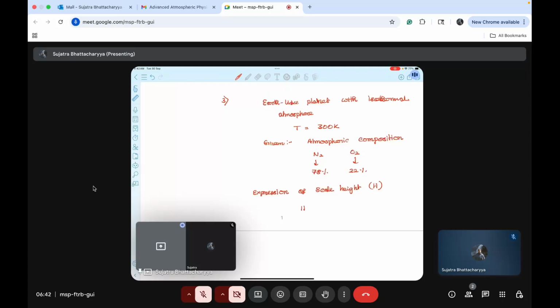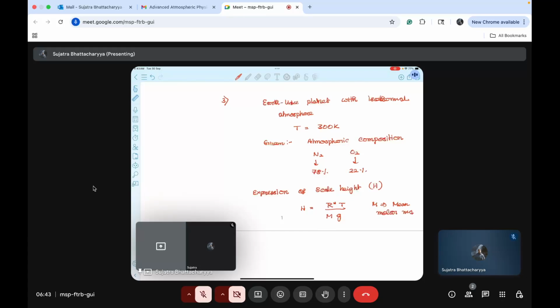So H can be written as, there are many different expressions, but what I generally prefer is R star T divided by M into g, where M is, if you have multiple species, just like here, the mean molecular mass. Molecular mass is not the right term. I would say mean molar mass.